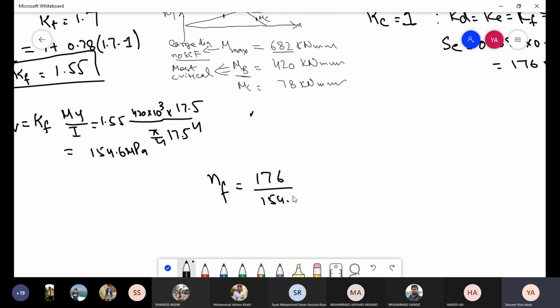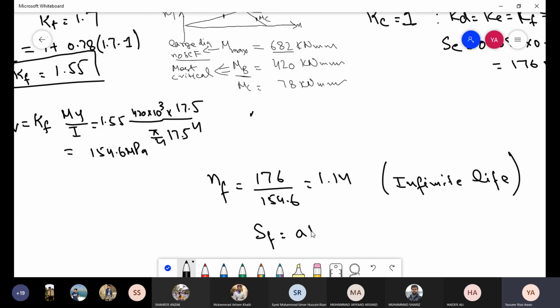So that means our safety factor for fatigue is 176 divided by 154.6. That means 1.14. So we are still in the infinite life regime. Had this been less than 1, then obviously we would have to find the number of cycles using that equation.